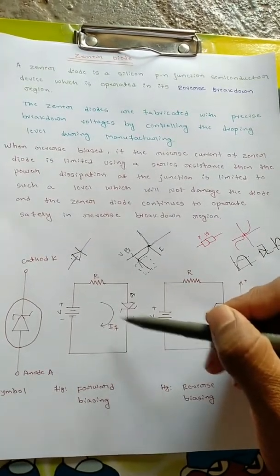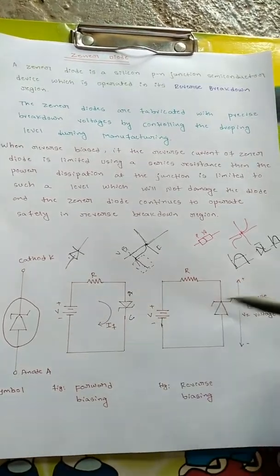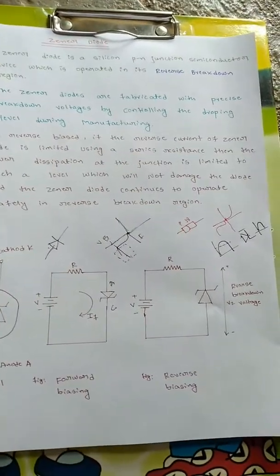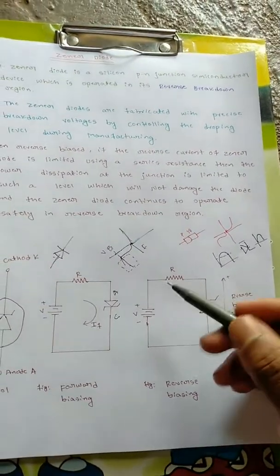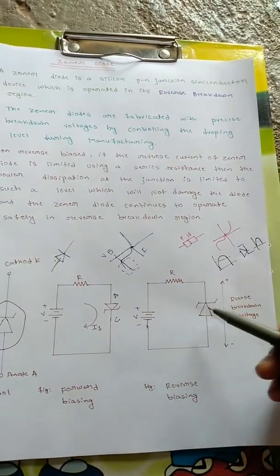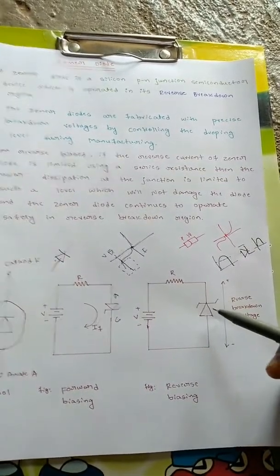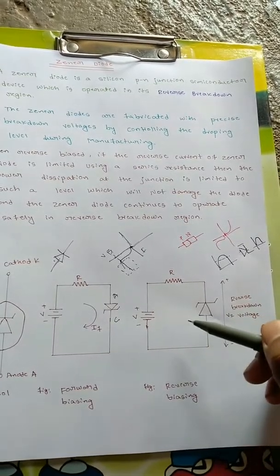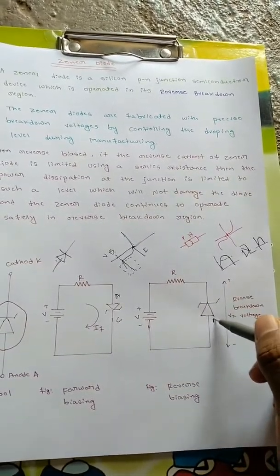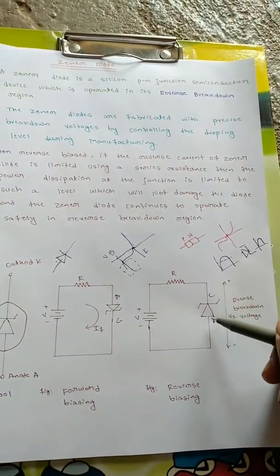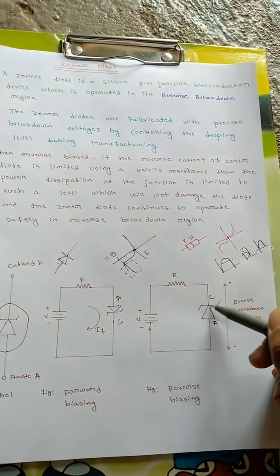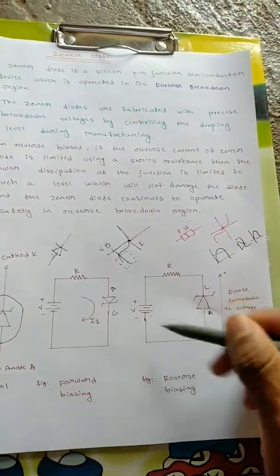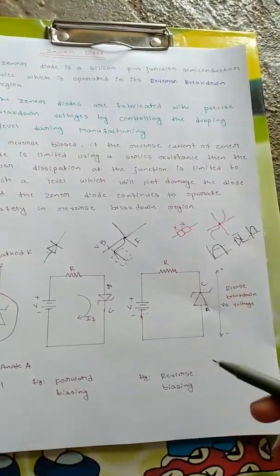So this is forward biased and current flows in this direction. In the reverse biased condition, the opposite happens and this direction will change. As you can see in the figure, the anode is connected to the negative and the cathode is connected to the positive. This puts the Zener diode in the reverse biased condition.